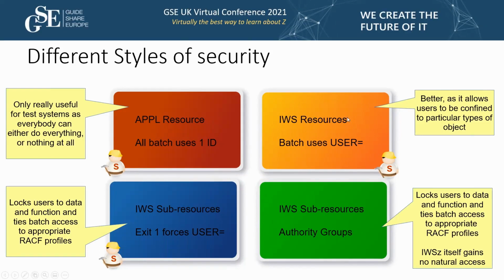IWS has things called fixed resources. So you can at least confine users a little better. So you can let people in to be able to write the scheduling definitions, but not be able to run them. And instead of letting the TWS do absolutely everything, you give it surrogate authority to user IDs that have the access to do what they need to do.